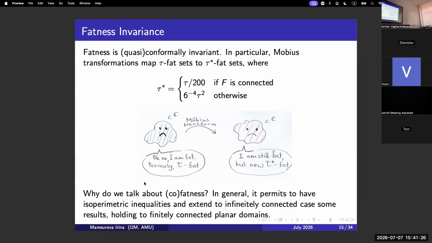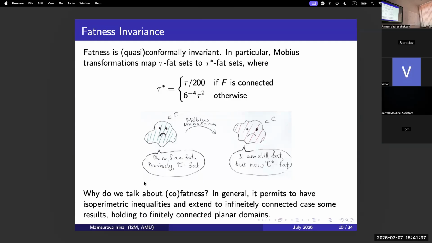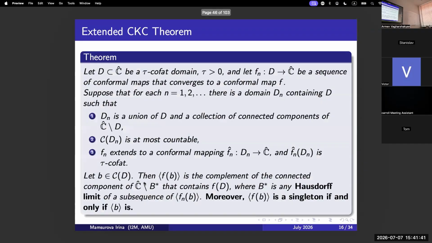Okay, here I need to accelerate. I will just say that fatness gives us a good condition to generalize the Pythagorean theorem. So now, what is going on here? We have some conditions, and we will discuss the conditions later.